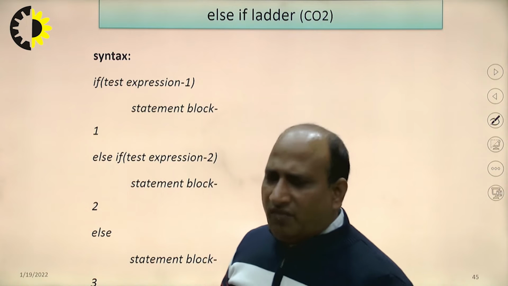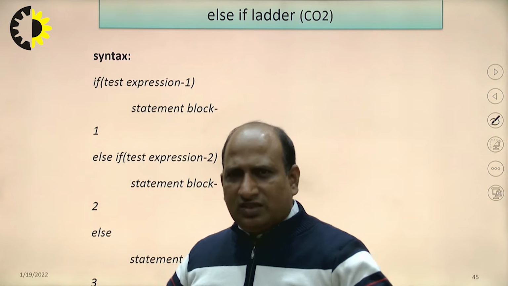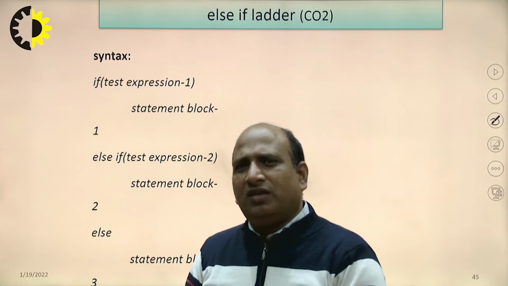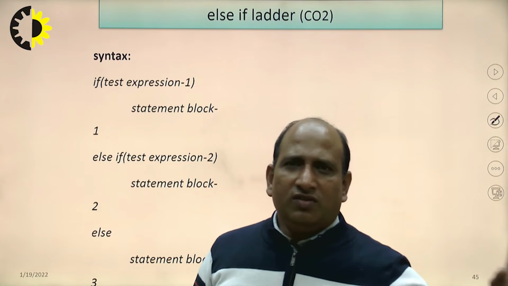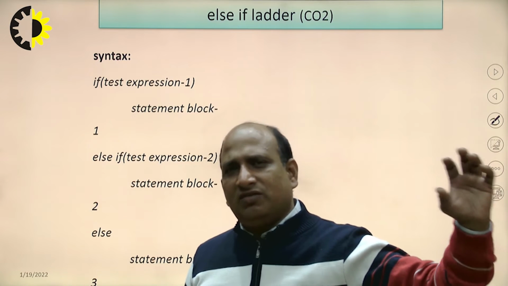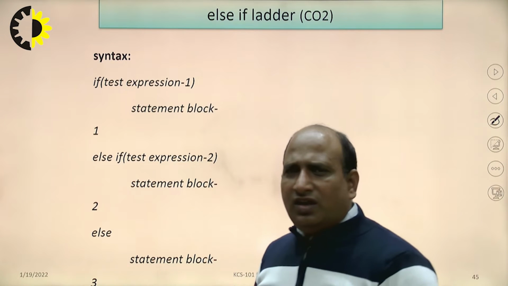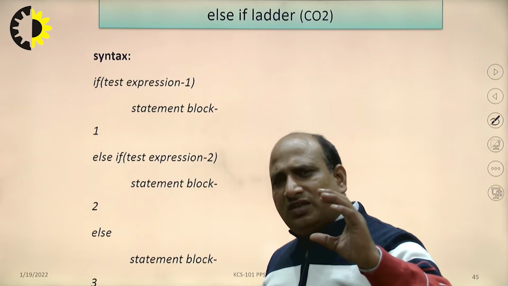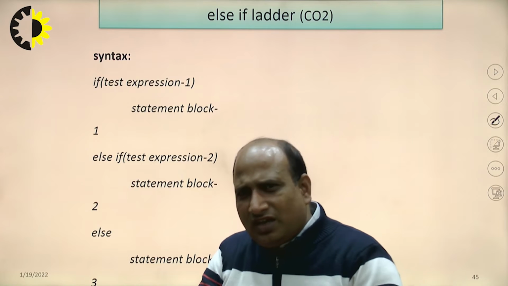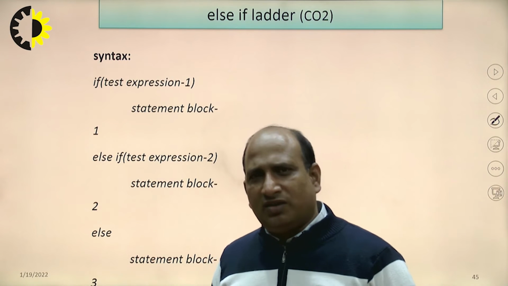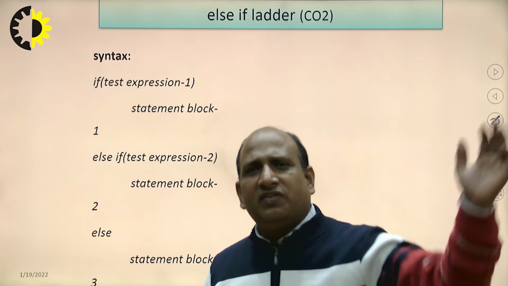Means when we want to make multi-way branching, here we are making multi-way branching. We have a number of blocks of statements, and we want to execute different blocks depending upon different conditions.